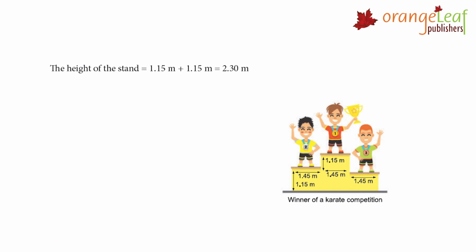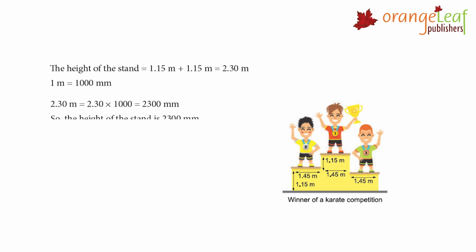So the height of the stand would be 1.15 meters plus 1.15 meters, which is 2.30 meters. Now we know that 1 meter is equal to 1000 millimeters. So 2.30 meters into 1000 is 2300 millimeters.